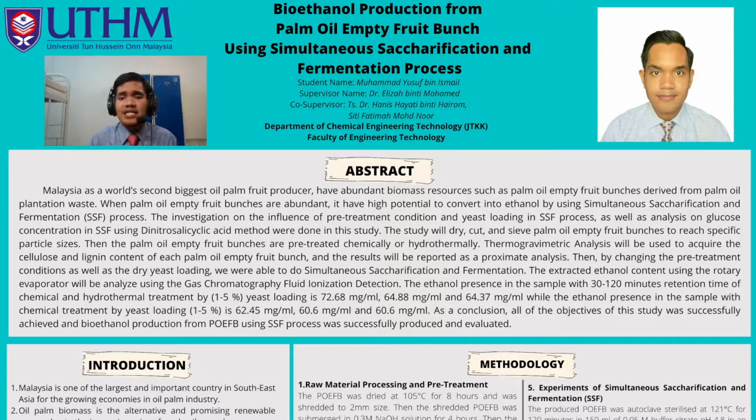Then, by changing the pre-treatment condition as well as the dry yeast loading, we were able to do the simultaneous saccharification and fermentation process. The extracted ethanol content using the rotary evaporator will be analyzed using the GC-FID.